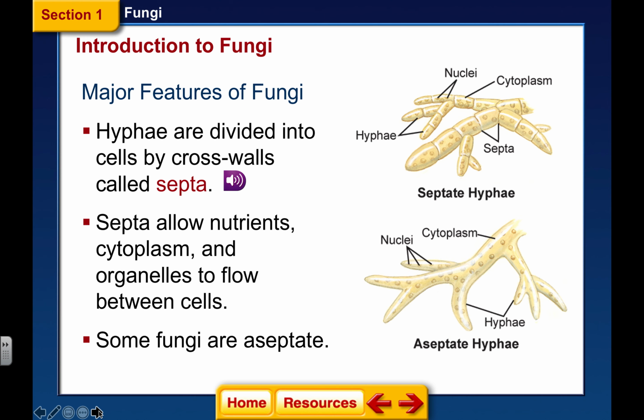All right, if you look here, there are some major features of fungi in the hyphae that we need to take a look at. If you look over to the right, at the top it's called septate hyphae, and then at the bottom there's aseptate. Now, look at the top one, the septate hyphae.